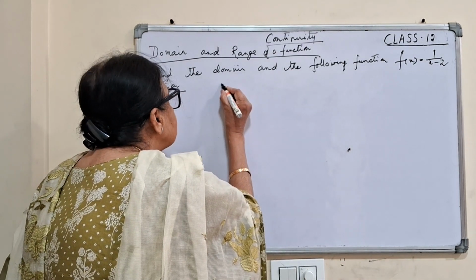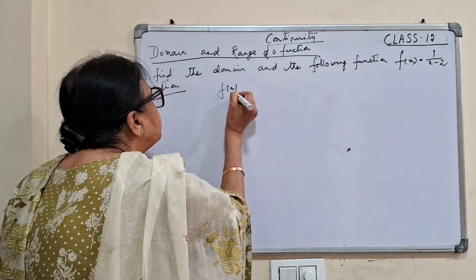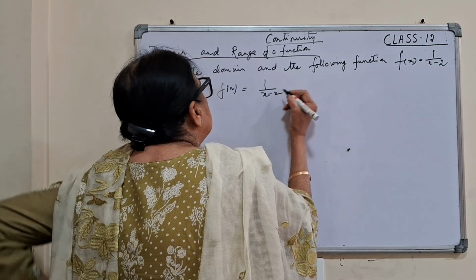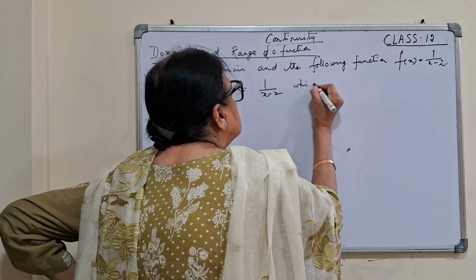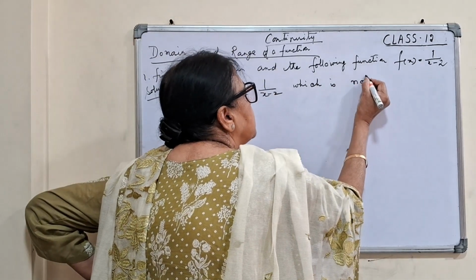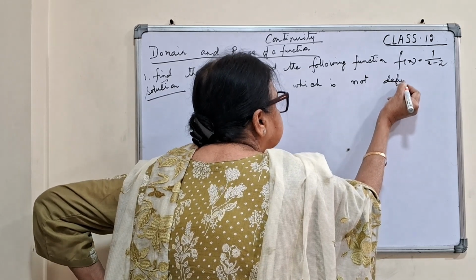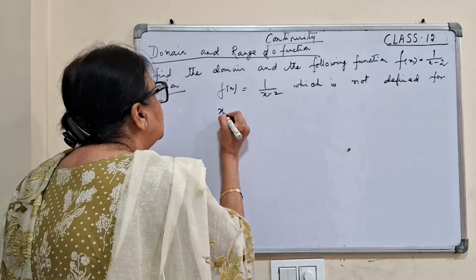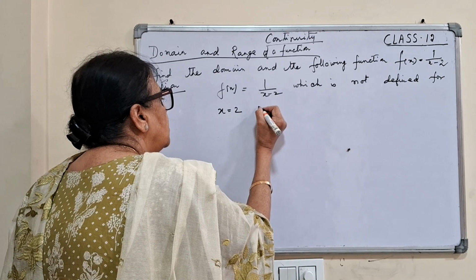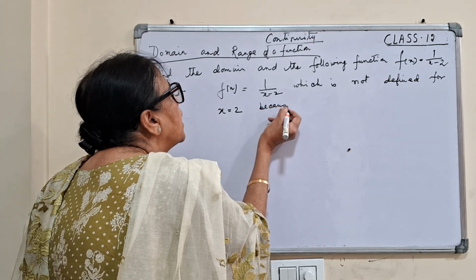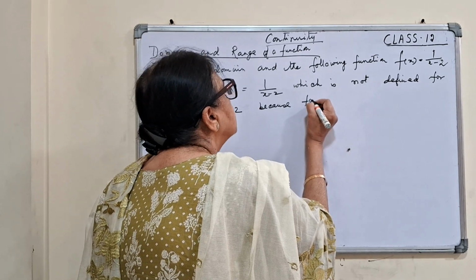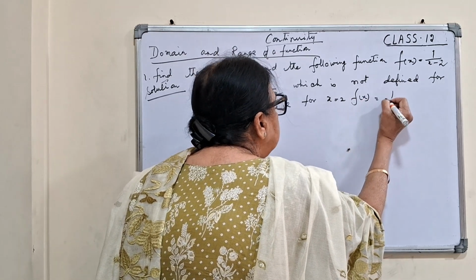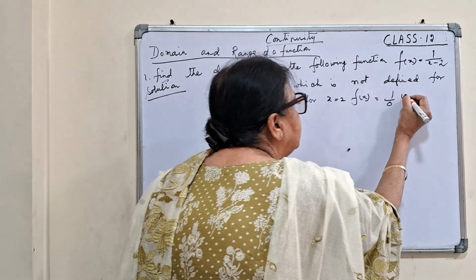Now let f(x) equal 1 by (x minus 2), which is not defined for x equal to 2, because for x equal to 2, f(x) is 1 upon 0, which is not defined.